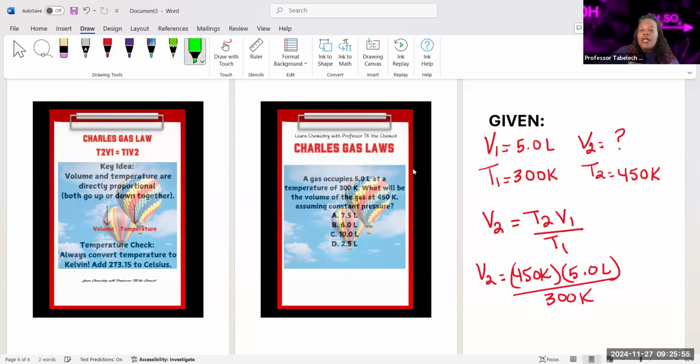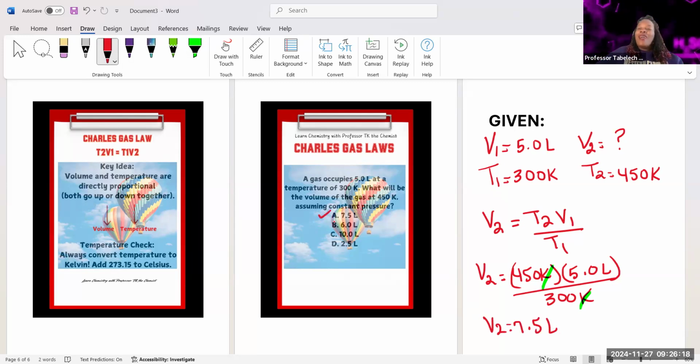Let's delete the units we don't need anymore and plug this into our calculator. We've got 450 times 5.0 divided by 300, and we get 7.5. So V2 is equal to 7.5 liters. The correct answer is letter A.